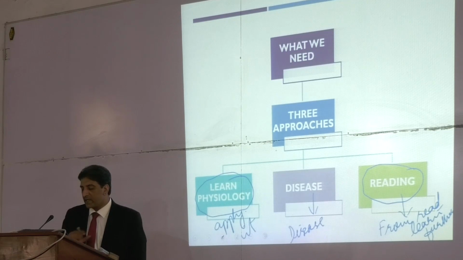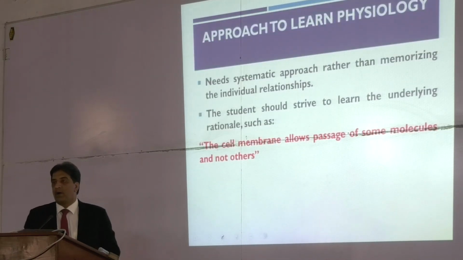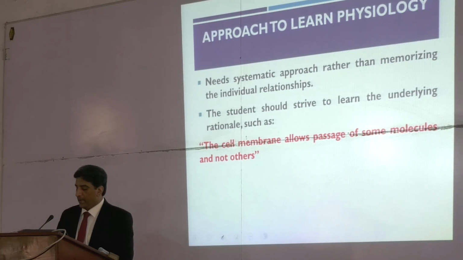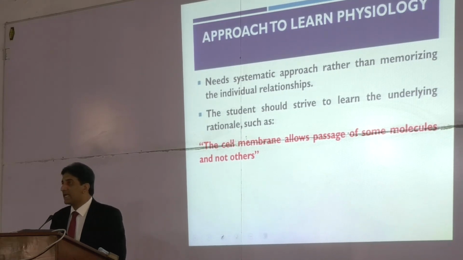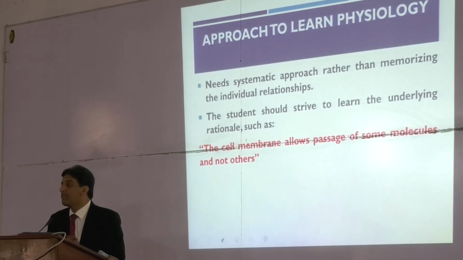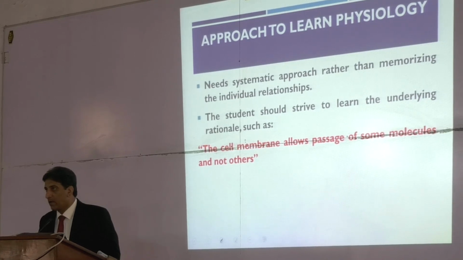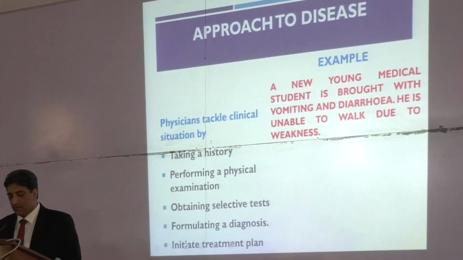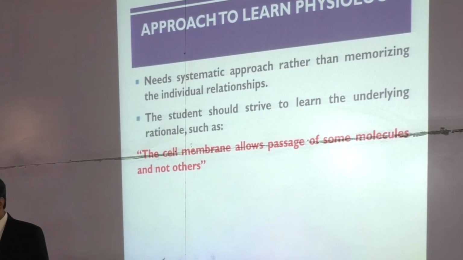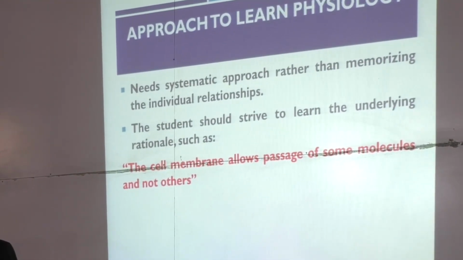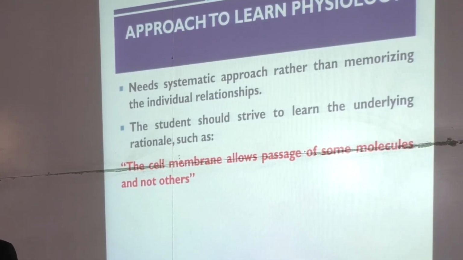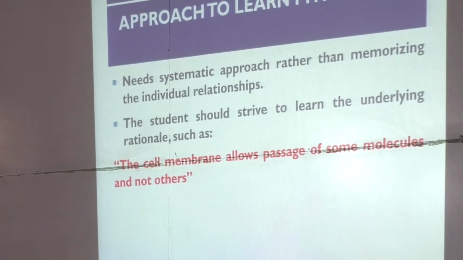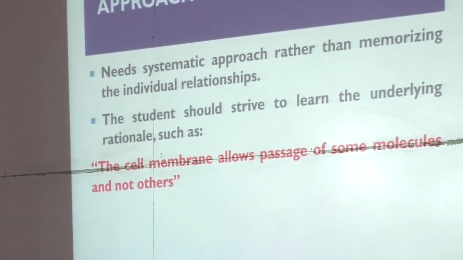So, the first approach to learn physiology is by understanding the cellular and macroscopic processes of the body. The knowledge of physiology is basically achieved by understanding the cellular mechanisms that are involved.